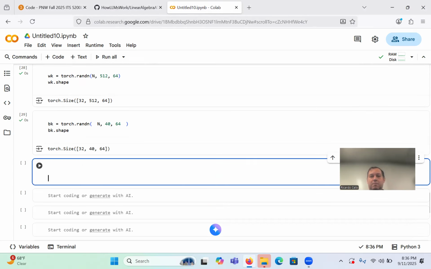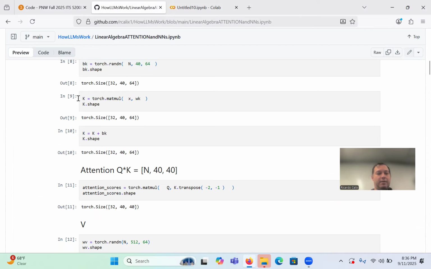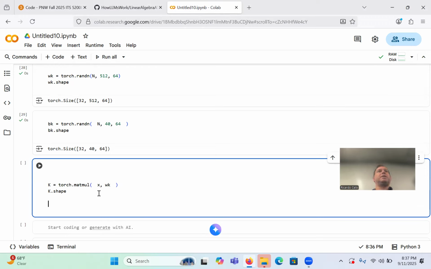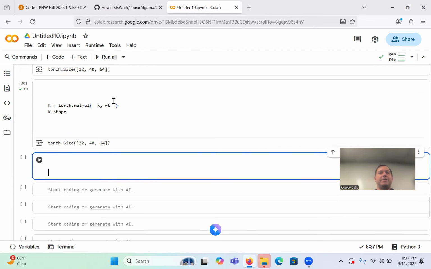Okay. Then I do the matrix multiplication yet again. So notice this matrix multiplication, same X, right? So the same set of sentences, but now times another weight matrix for K. And I compress it to 32, 40, 64. Do you guys see that? All right. Now we add the bias.